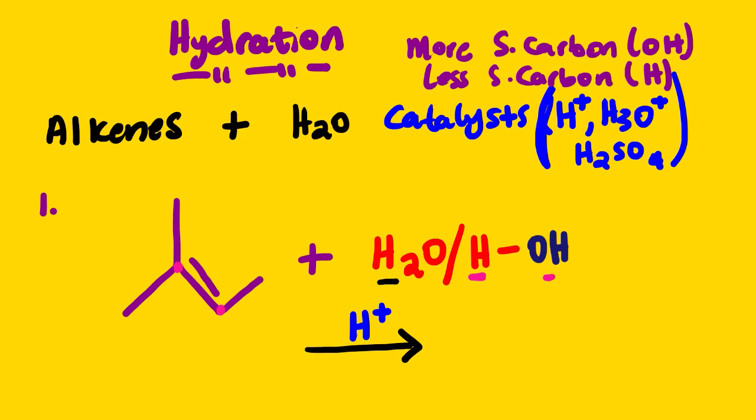Looking at these two carbons, looking at this one, we have 1, 2, 3, tri-substituted. Looking at this one, we have only 1, 2. So you can see that this is a tertiary carbon, this is a secondary carbon. In this case, our OH will take the more substituted, the hydrogen will take the less substituted.